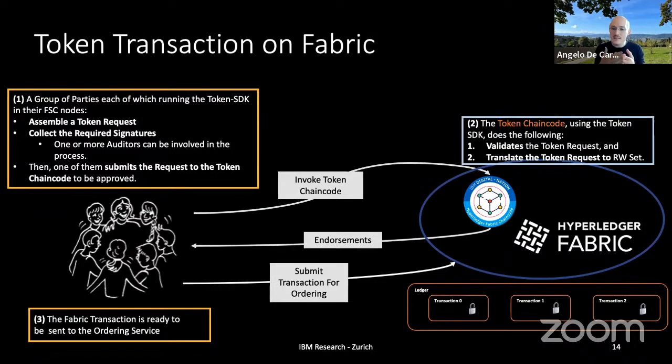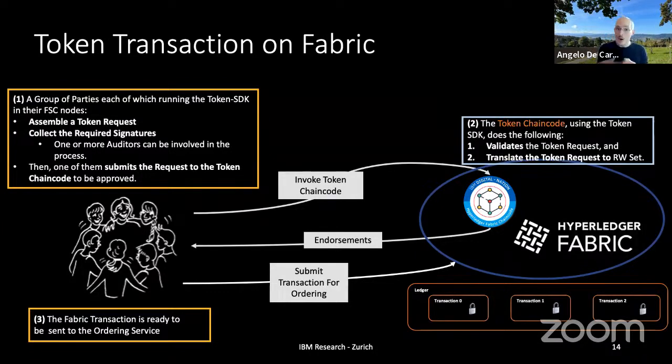This is the time where we check for double spending resistance. And how do we do that? The translation of the token request to a read-write set essentially prepares a read-write set that will generate a conflict if a double spend happens.